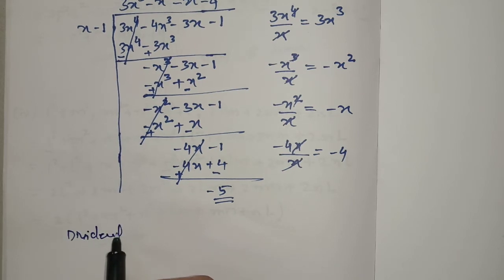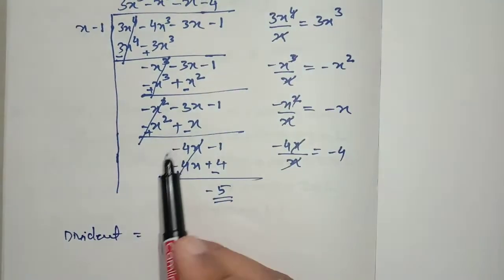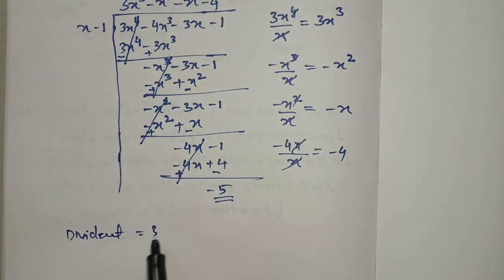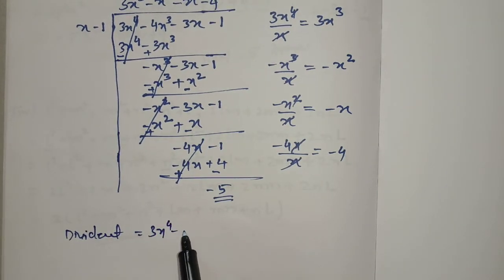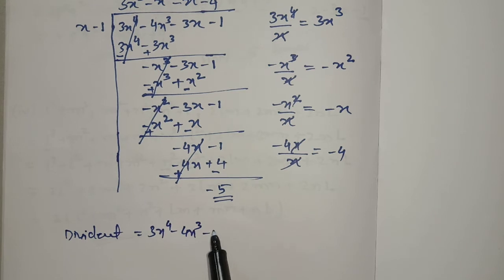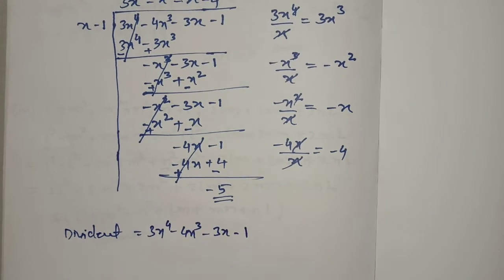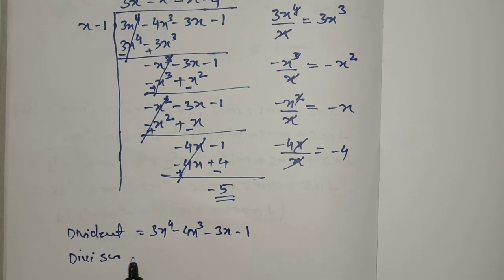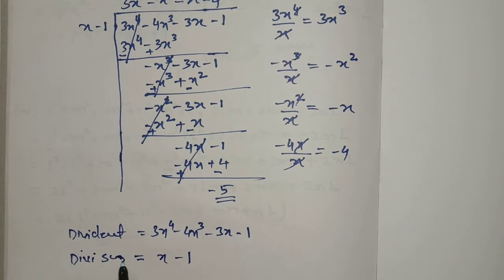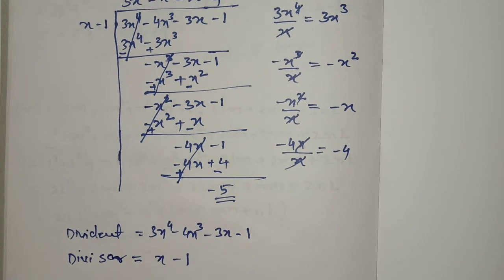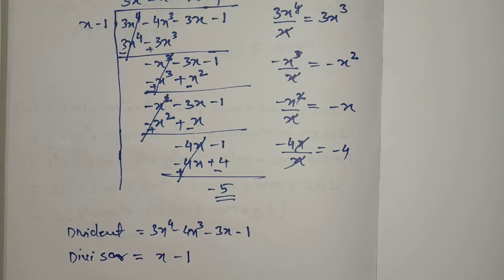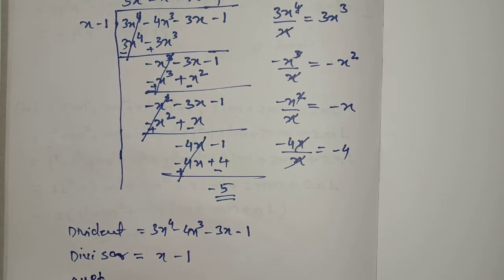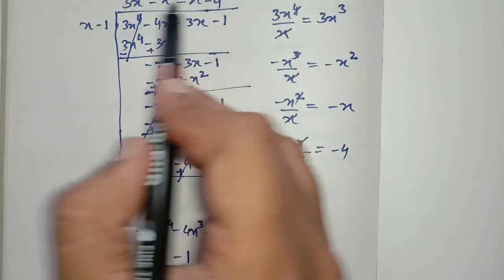Here the dividend is this expression, 3x to the power of 4 minus 4x cube minus 3x minus 1, and the divisor is x minus 1. This is called the quotient.